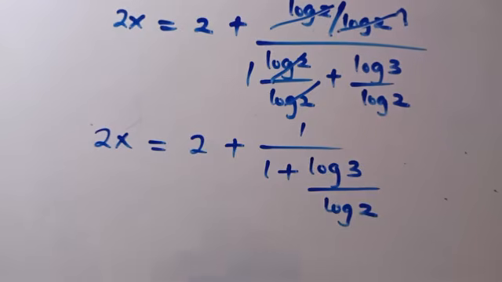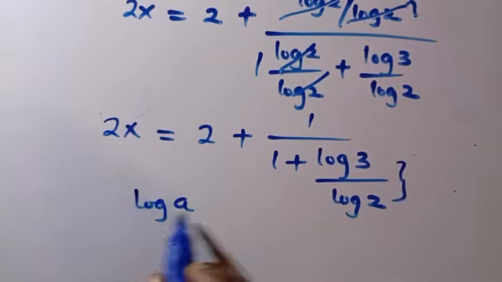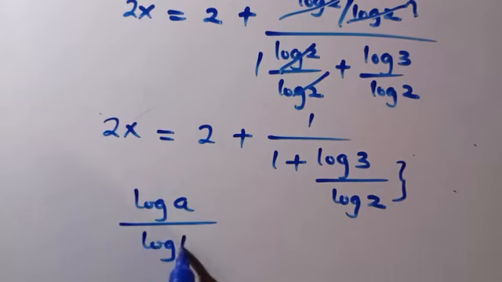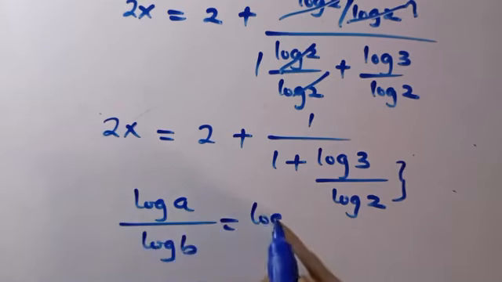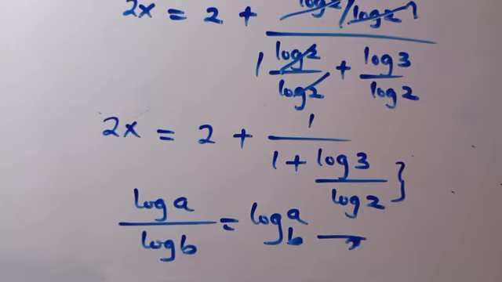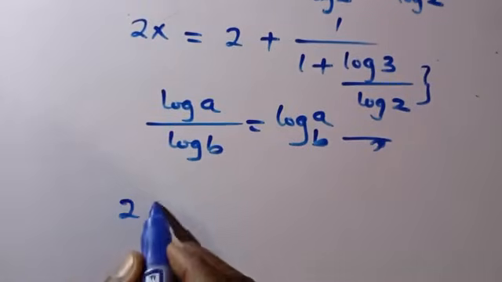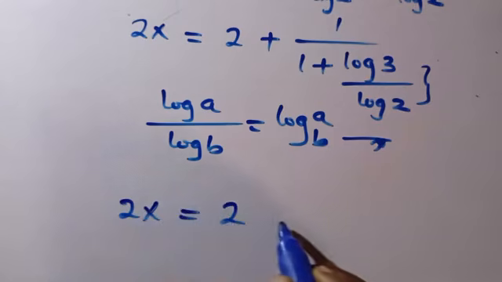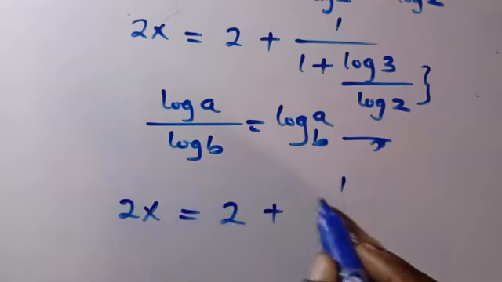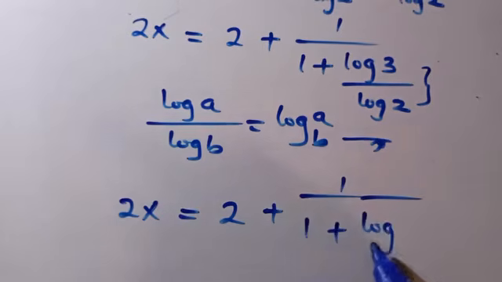From this also, let's say we have log a divided by log b, this equals log a base b. So by applying it here, we are going to have 2x equals 2 plus 1 divided by 1 plus log 3 base 2.